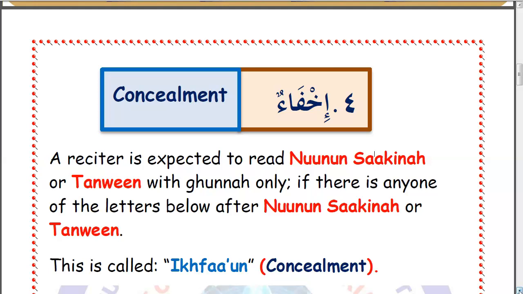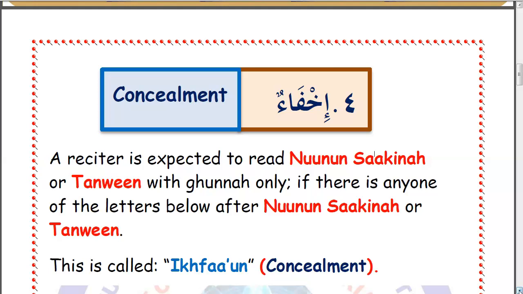Once you know the letters of Izhar, and you know your letters of Idgham bi Gunna and Idgham bi Ghair Gunna, and you know the only one letter of Iqlab, any other letter that you see after Nun Sakina and Tanween, if it is not one of those letters, just take it as Ikhfaa and apply Gunna to Nun Sakina or Tanween.